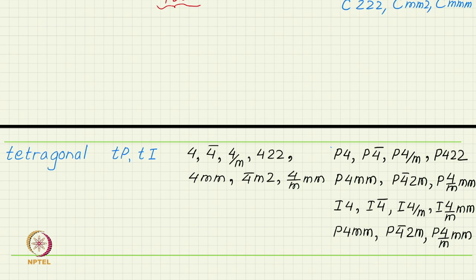So, for example, if I put 4 on a body centered tetragonal lattice, I will get I 4.